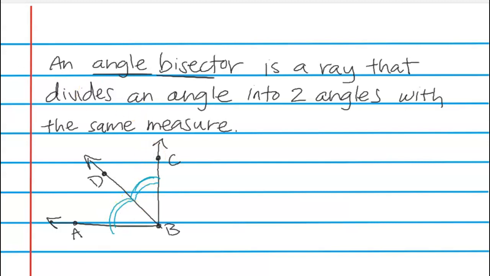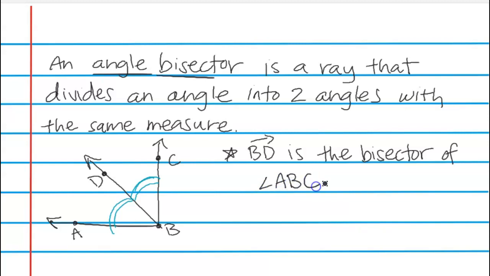All right, so let's make some statements about this diagram. So we can say that BD is the bisector of angle ABC. So ABC, BD is the bisector. The other thing that I could say is I have two angles with equal measure.